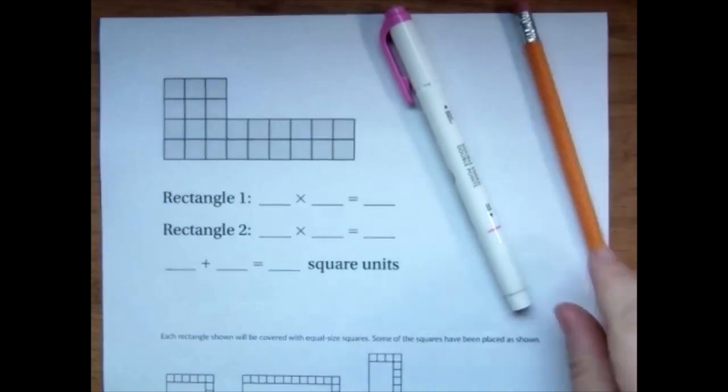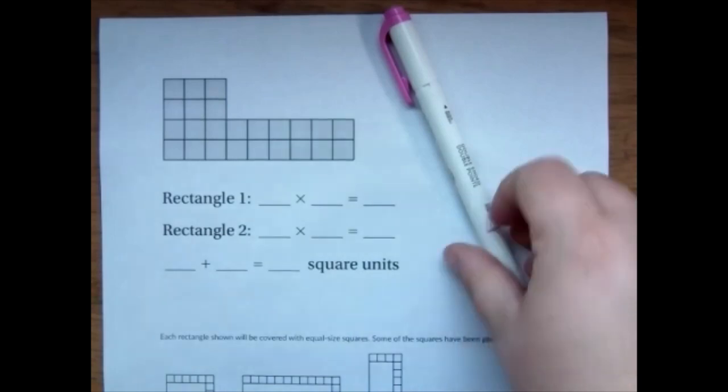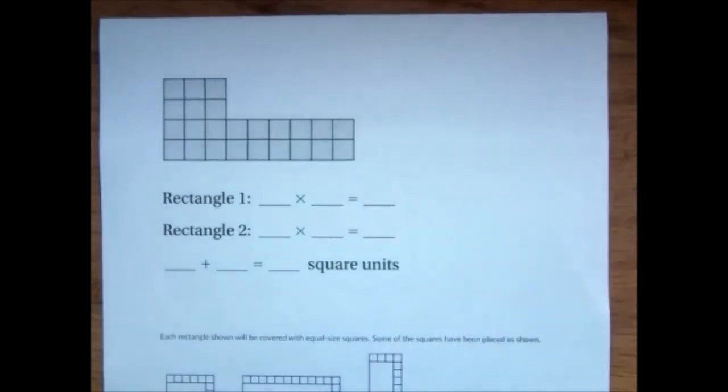All right, so first, what we're going to do here is look at our polygon and think about where I could draw a line that is going to easily cut this into 2 or even more rectangles where I can more easily find the area. So I see 2 different ways that I could cut this.